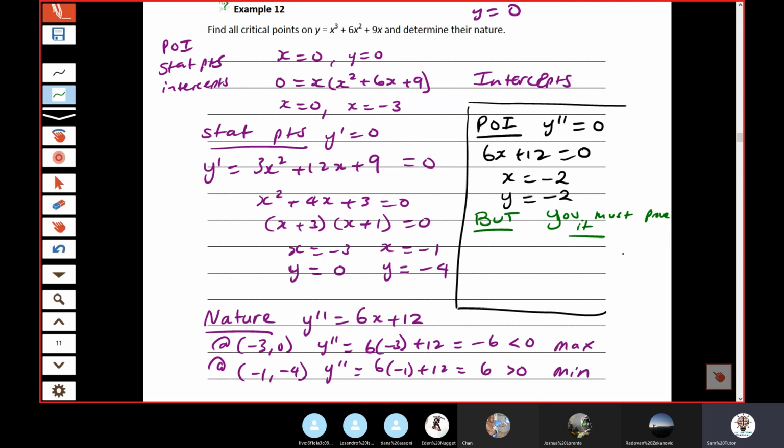So with point of inflections, unfortunately, you have to prove it. Every year, I've still had one student that slips through the crack and forgets to prove it. Even if the question just says, just find point of inflection. Don't just stop at that. You have to prove it, because it's not a point of inflection until you prove it.